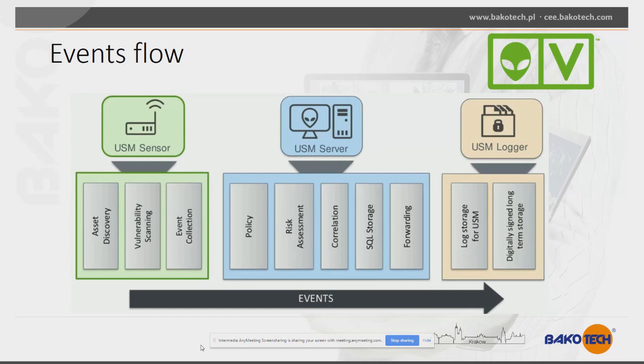The correlation block provides automatic event analysis to detect attempts to compromise the IT security of our infrastructure. AlienVault uses two types of correlation. This is very important information: logical and cross correlation. The first one, logical correlation, is the analysis of the number of appearances of a given type of event in some specific time horizon.